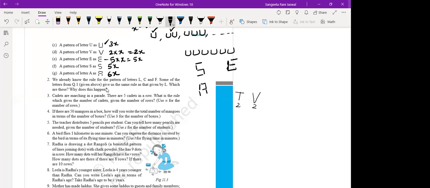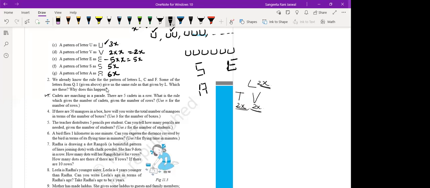The letter L requires only two matchsticks, right? Therefore, the given pattern for L is 2x. T and V also have the same pattern, which requires two matchsticks. 2x, 2x, like this. So this is just a simple question. Why does this happen? Just two matchsticks are required in this, so the rule will be the same. Just a simple thing.